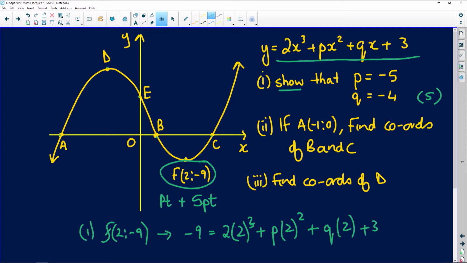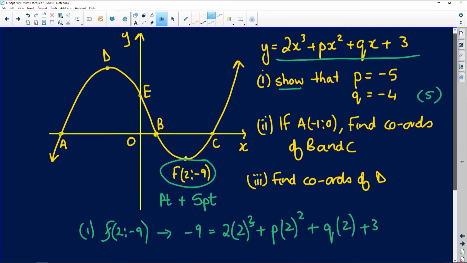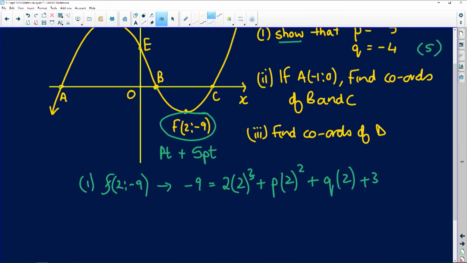The second bit, we're going to say, okay, the derivative at this point is 0, but we'll get to that now. Okay, so if I clean this up, I get minus 9 is equal to 8 times 2 is 16, plus 4p plus 2q plus another 3.